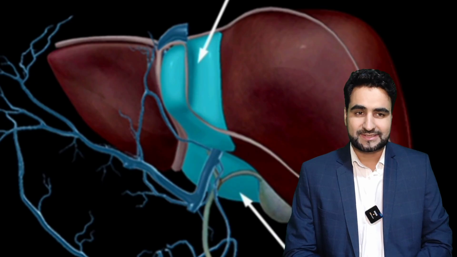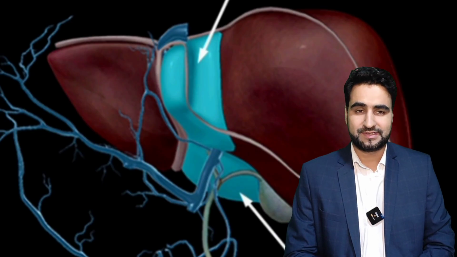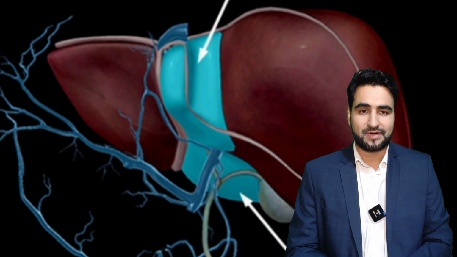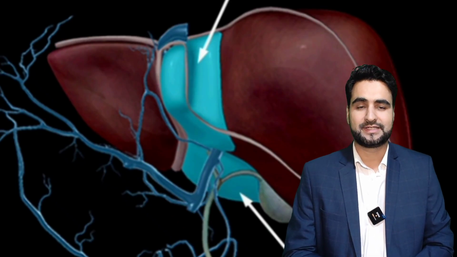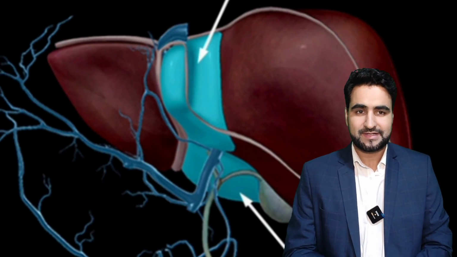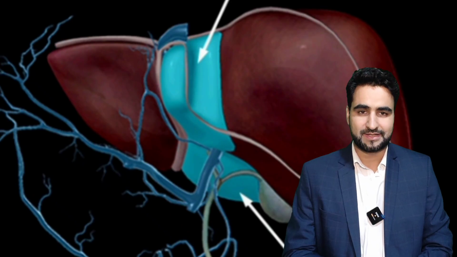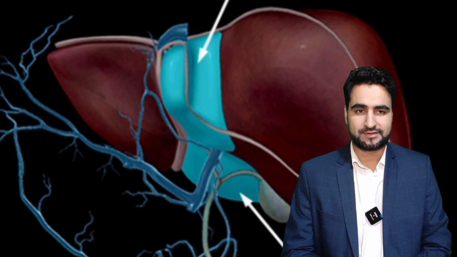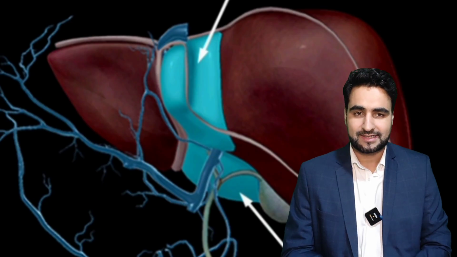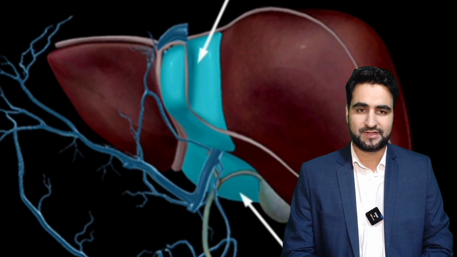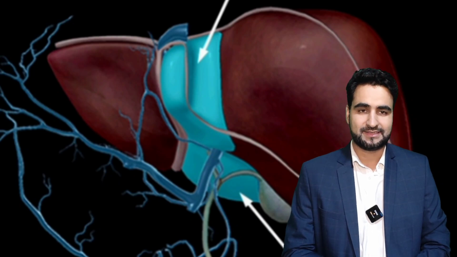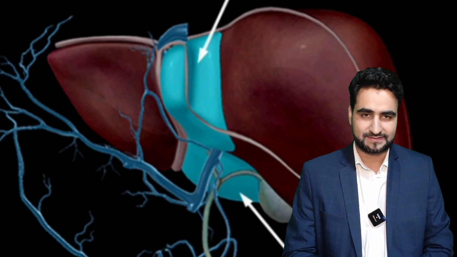The caudate process connects the caudate lobe to the right lobe, receiving dual portal supply. Anterior boundary is marked by ligamentum venosum, separating it from the left medial segment. And most importantly, segment 1, that's the caudate lobe, drains directly into the inferior vena cava, often through multiple small hepatic veins, a fact that has major surgical implications.